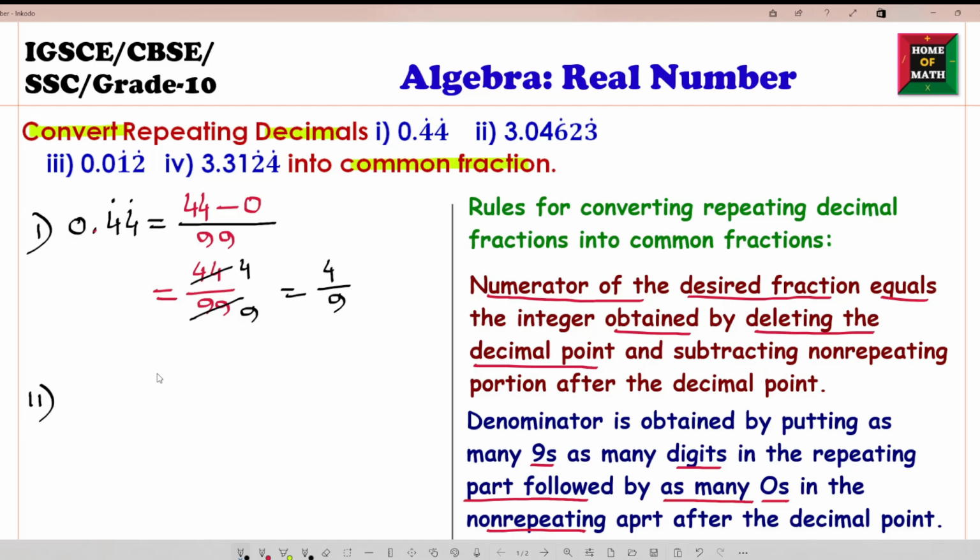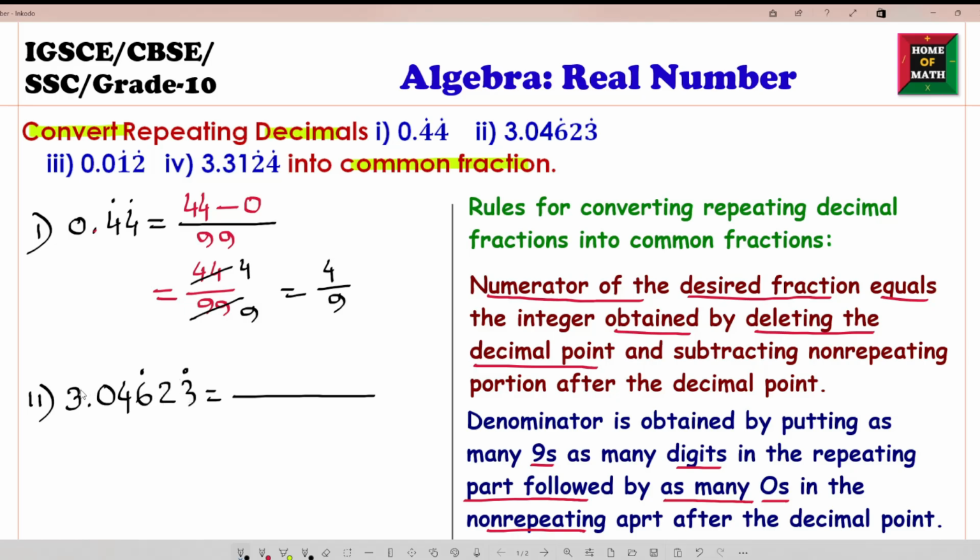Number 2, 3.04623, where 623 is the repeating decimal part. So what can we do in the numerator?